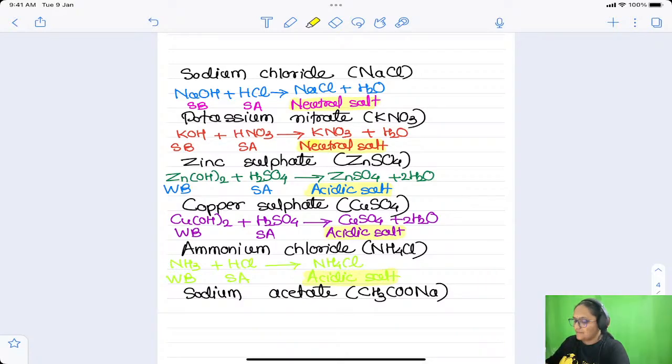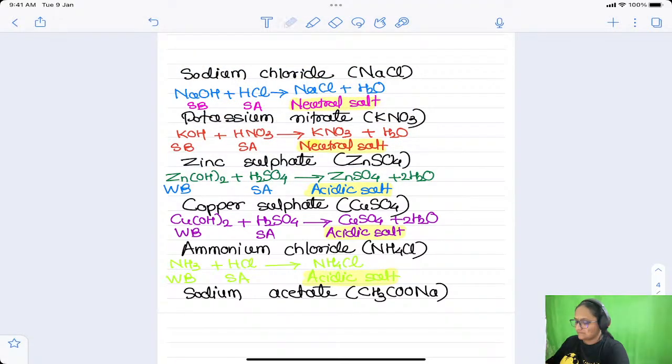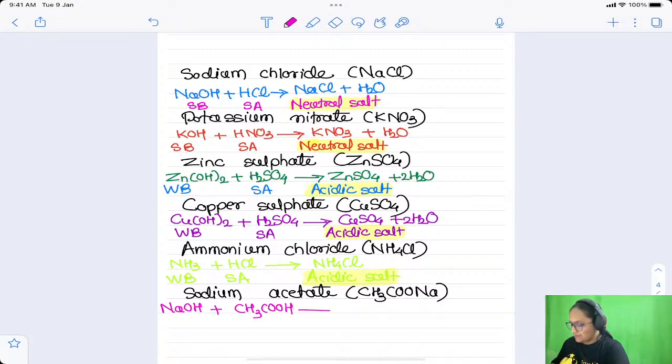Okay, then last example, sodium acetate. Sodium acetate is formed by NaOH and acetic acid. Formula for acetic acid is CH3COOH. So here we are getting the salt CH3COONa plus H2O.